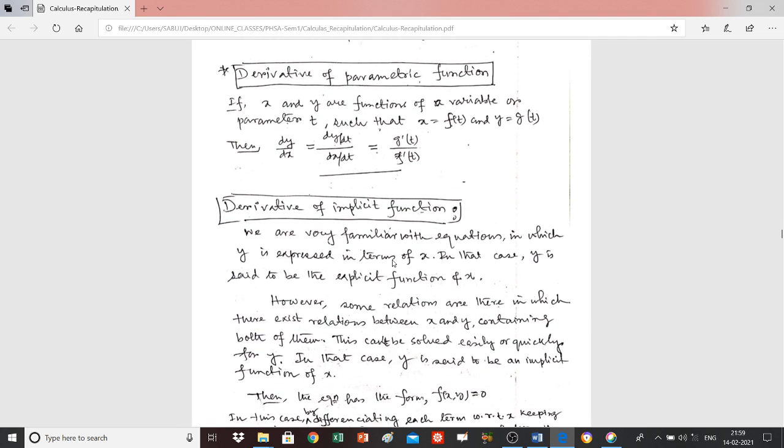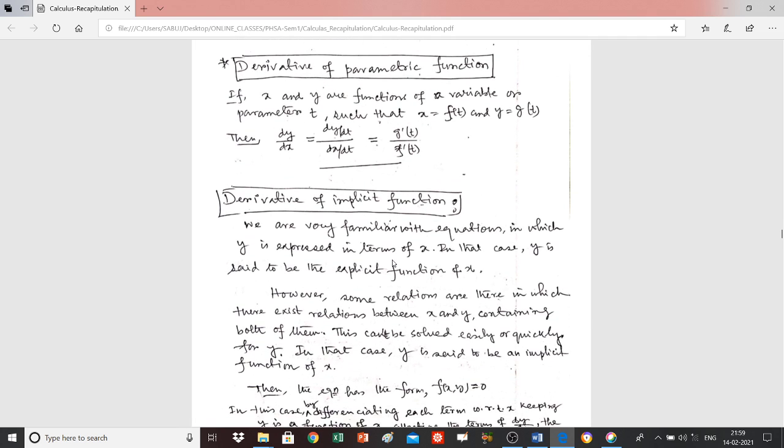Now another important point, that is the derivative of an implicit function. We are very familiar with equations in which y is expressed in terms of x. We very often have seen relations expressing y and x with only y on the left hand side and only terms related to x on the right hand side.